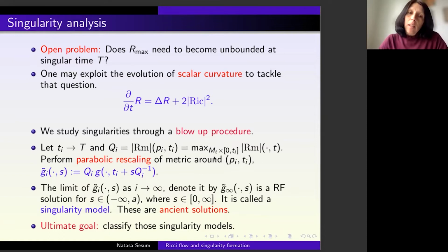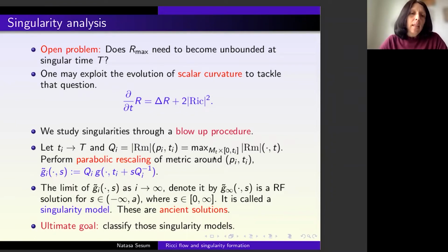The limit of these rescalings as i approaches infinity, which we call g̃_∞(s), is also a Ricci flow solution. You can see that it exists for all times from negative infinity up to some time A. This is what we call the singularity model.